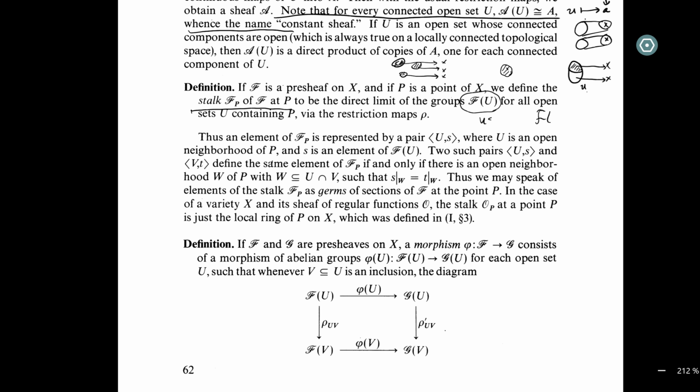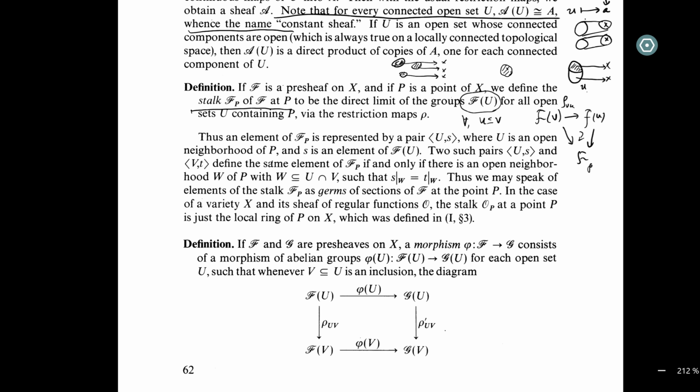For example, U is inside V, so we map from V to U. Yes, that's a transition morphism, and they all map to the direct limit. Okay, this is the stalk. That's an element of F_P.